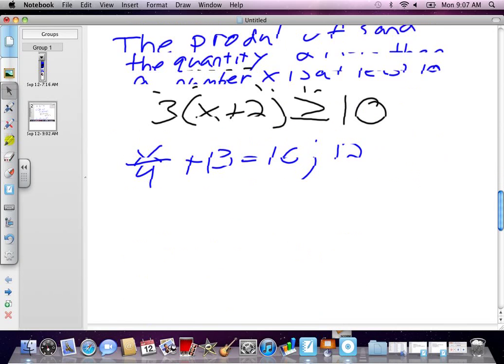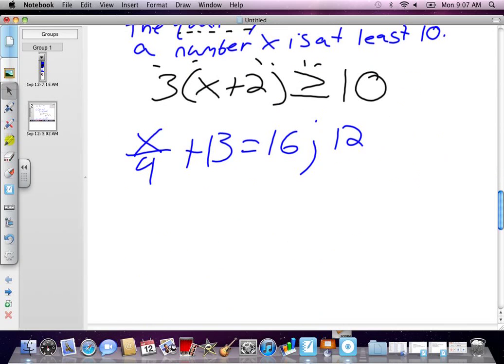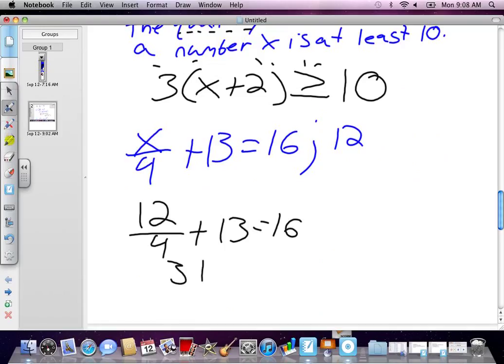All right, we're looking at x over 4 plus 13 equals 16, semicolon 12. All that means is you're going to prove if 12 is a solution or not. So we plug in 12 for x. So 4 goes into 12 3 times. 3 plus 13 equals 16.